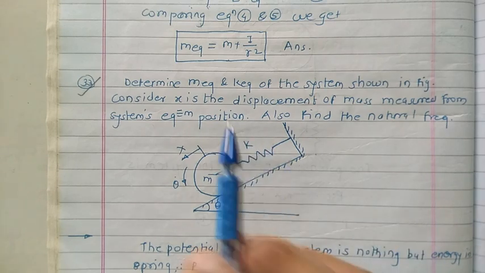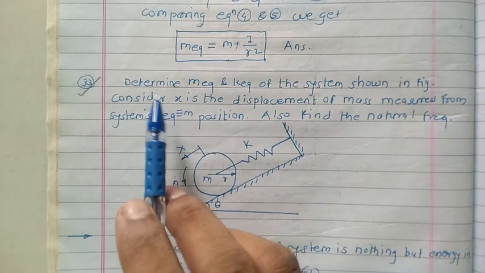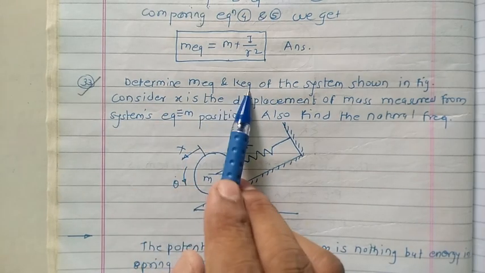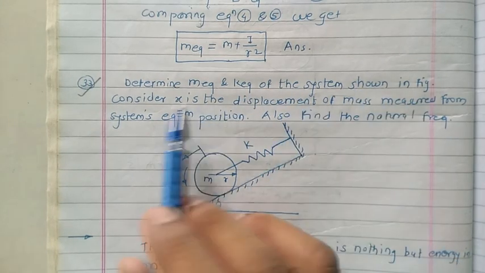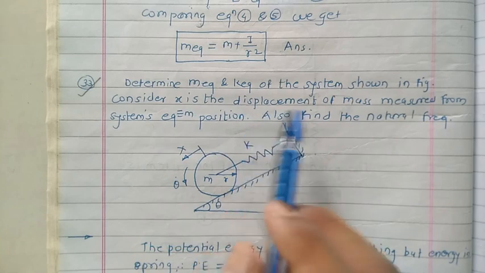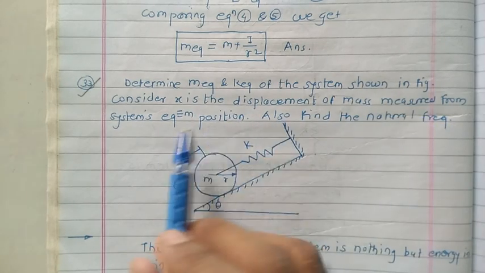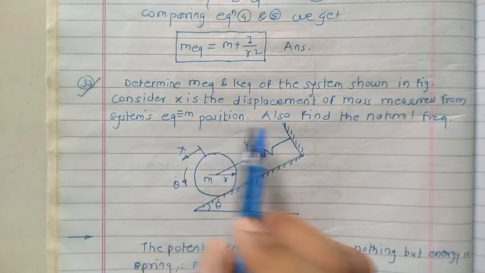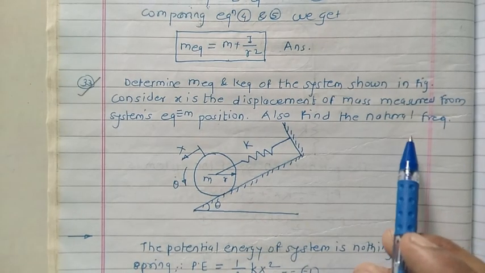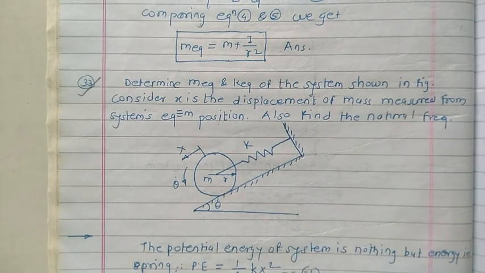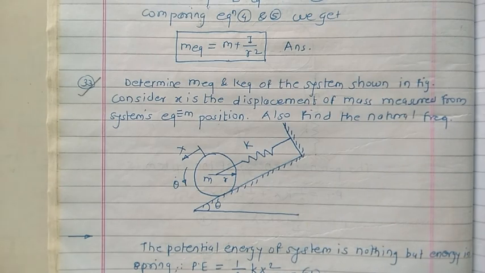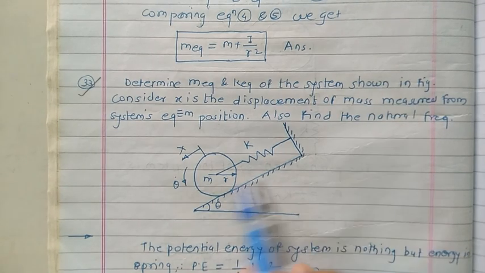So next problem, similar to the previous one. Determine the M equivalent and K equivalent of the system as shown in the figure. Consider x is the displacement of the mass measured from the system's equilibrium position. Also find the natural frequency of the given system. For doing the calculations of K equivalent and M equivalent, we compare this problem with the previous case.